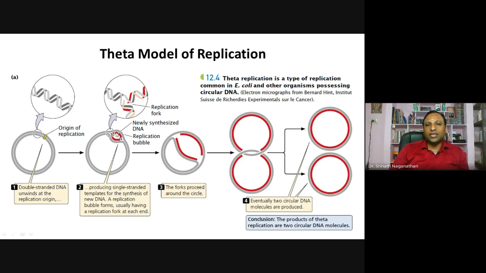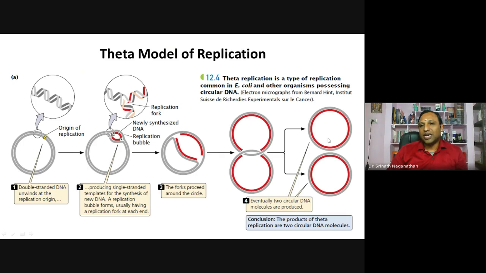Once the newly synthesized strand starts to form and develop, the fork starts to form on both sides and they elongate. They reach a particular point where they have to separate. After this, they break one of the strands of the DNA and join back again.